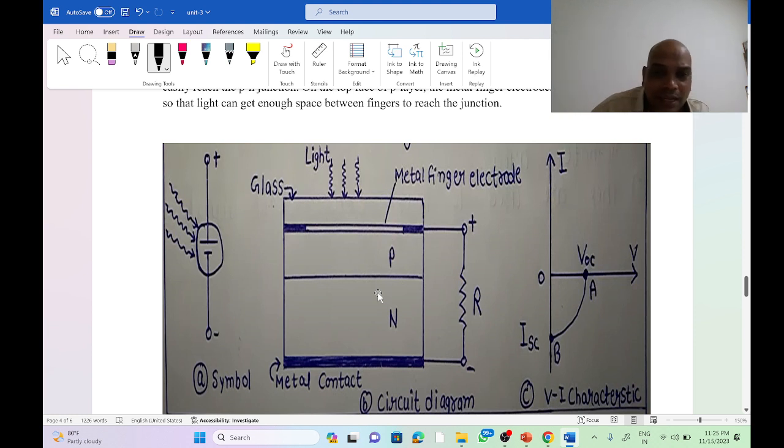So that depletion region in between P type and N type will break down and current passes through P type and N type. Initially, there exists a depletion region.